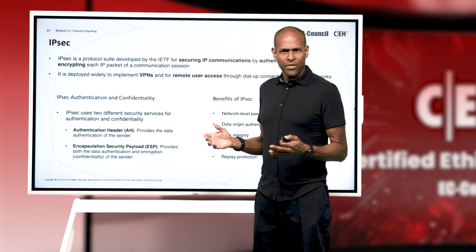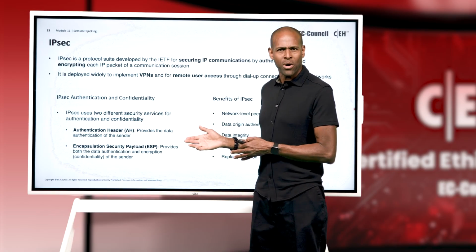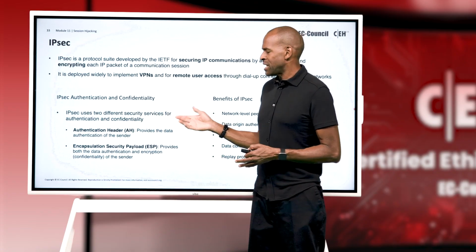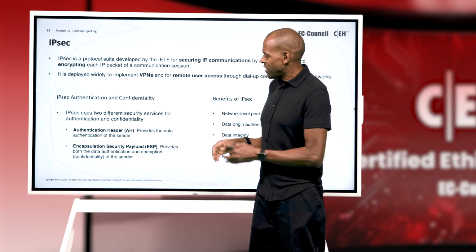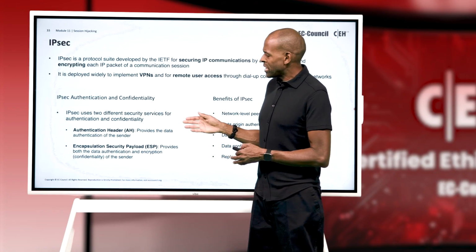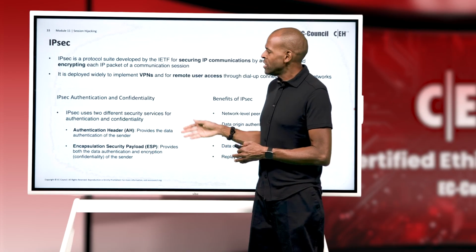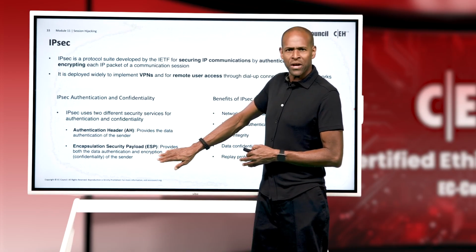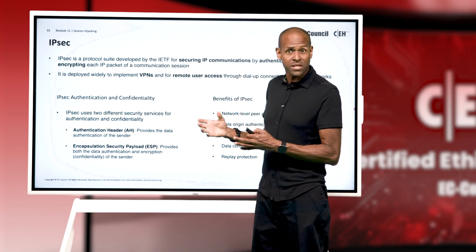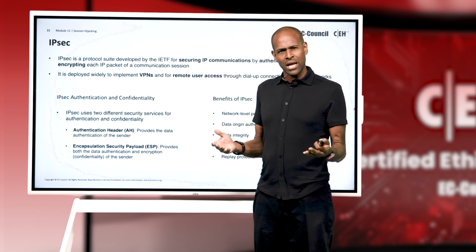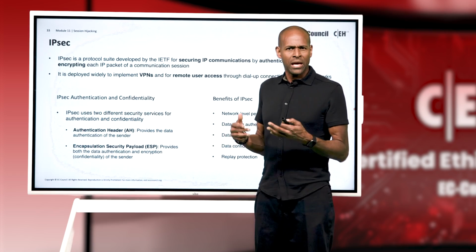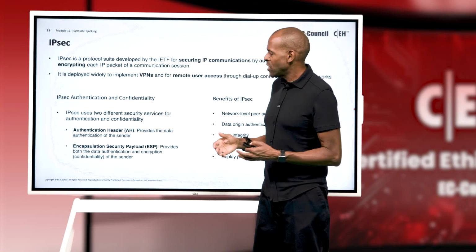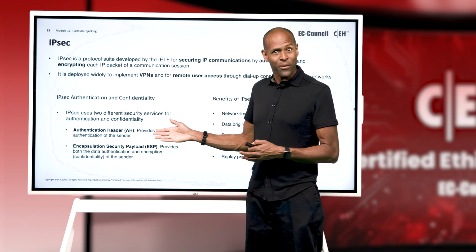And with IPsec, it actually has two different modes. One is the AH or authentication header, and the other one is ESP or encapsulating security payload. The one at the bottom, ESP, is normally what we think of with IPsec because it encrypts the payload. But did you know that you can set up IPsec with just authentication and no encryption?